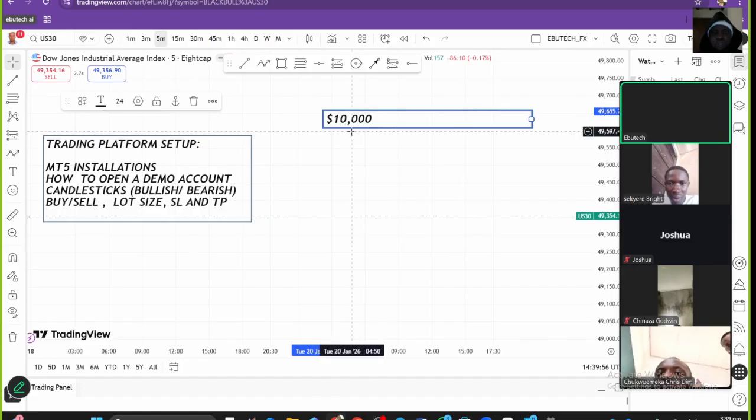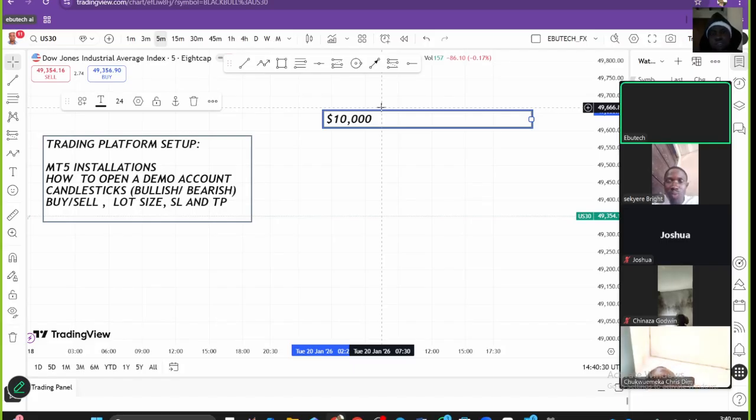We are going to trade the demo for 2 weeks. Then if I see the performance of each one of you, the highest performer, I will buy the person a $5,000 challenge account. The person will trade it, and once you pass the account and make money from it, it's going to be for you.